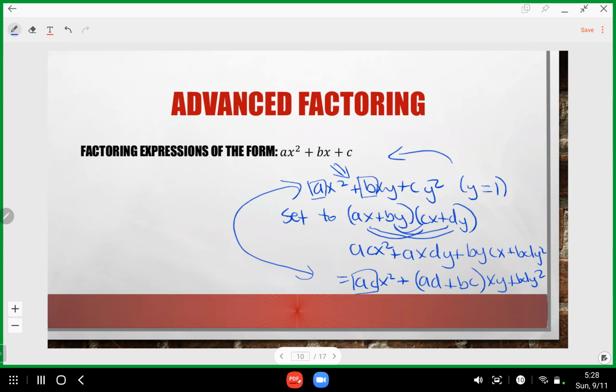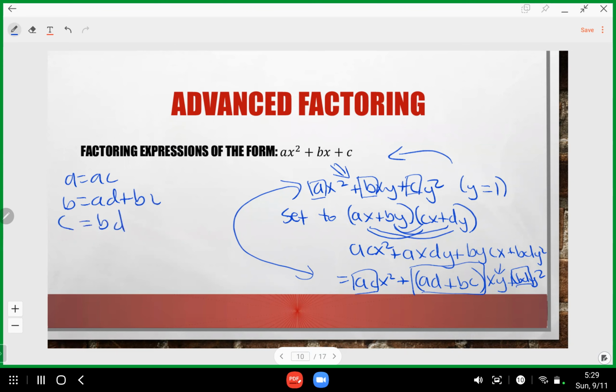AD plus BC, because it multiplies xy. Then C is going to correspond to BD. Let's write that down. A is equal to AC. B is equal to AD plus BC. C is equal to BD.